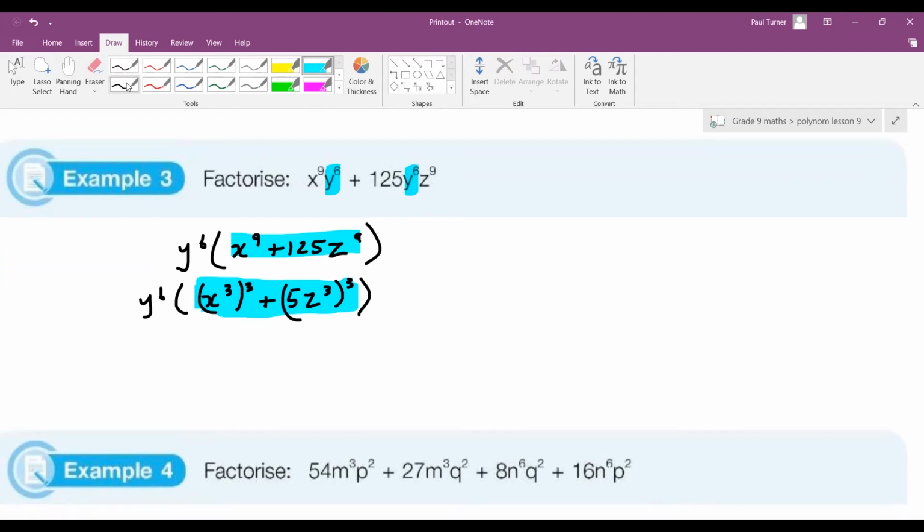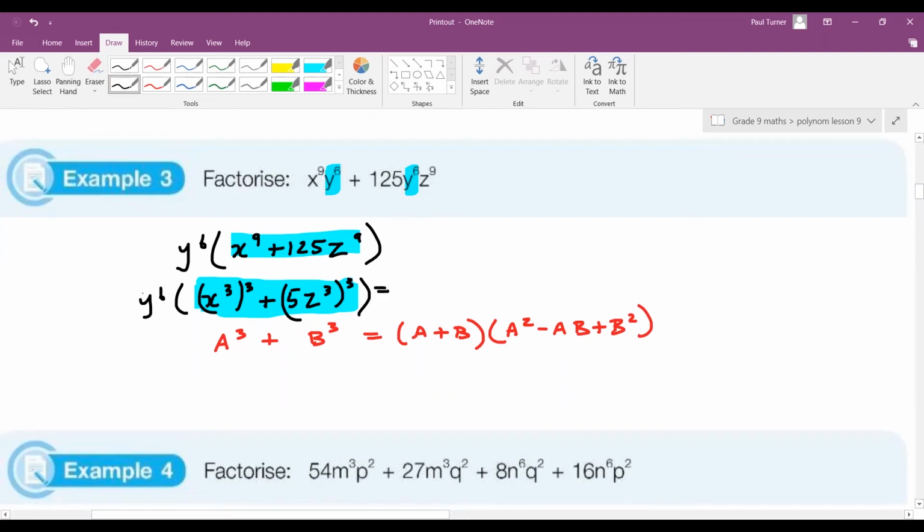And now you have cubes, so now we can use your rule here. We've got a cubed plus b cubed, which is a plus b, a squared minus ab plus b squared. And we'll write the answer in the top here.